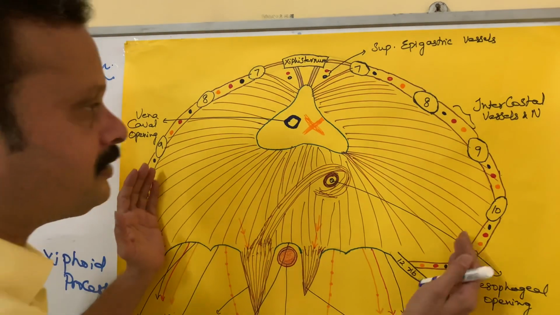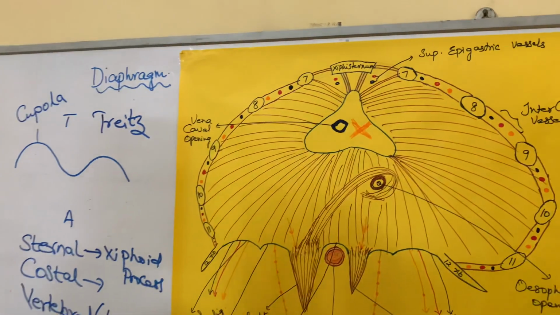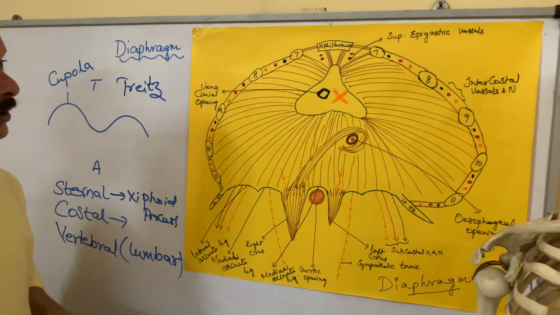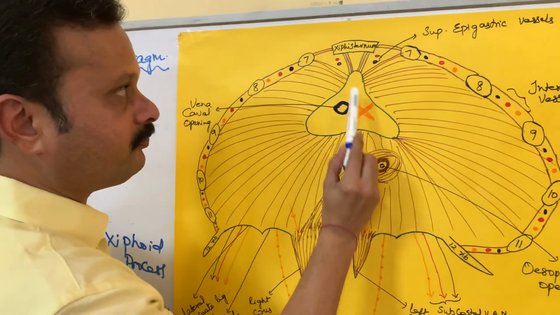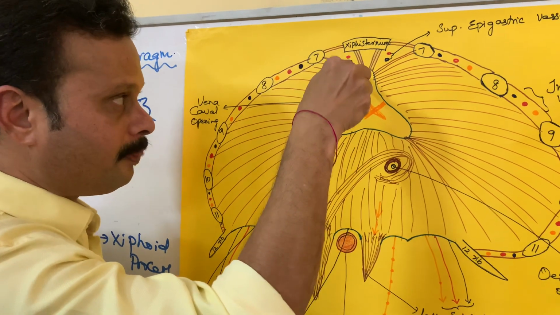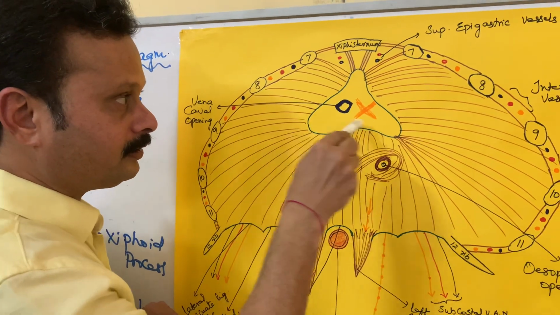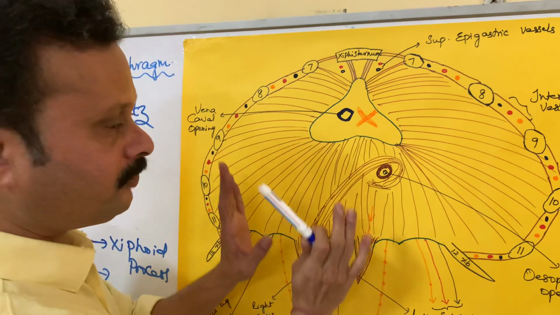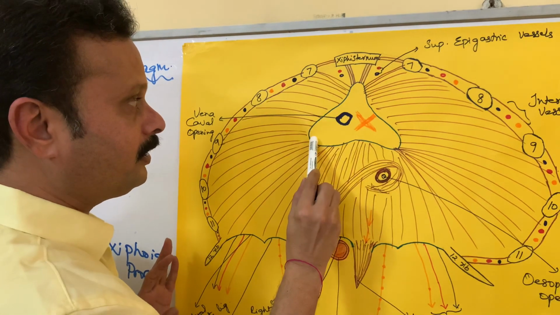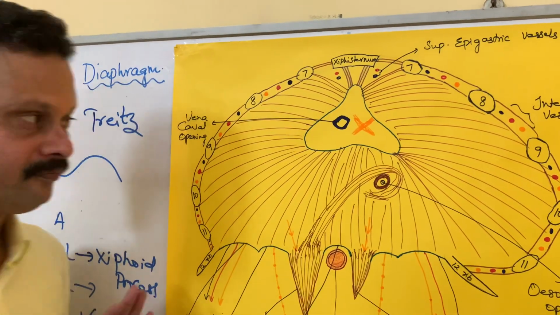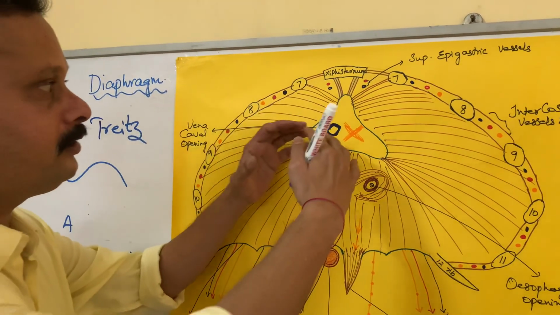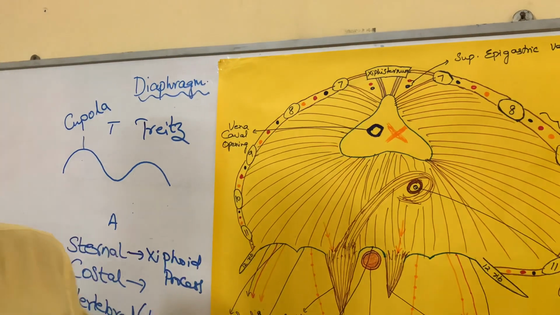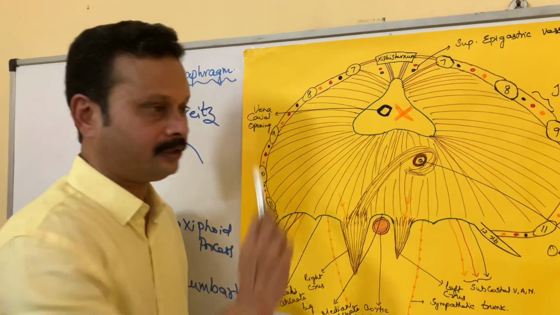So these fibers are inserted into the central tendon of the diaphragm, which is trefoil leaf-like, having 3 leaflets. This is the median leaflet, this is the right leaflet, this is the left leaflet, because you are seeing it from below. All these fibers of origin converge into the tendinous part called the central tendon, which is trefoil in shape.